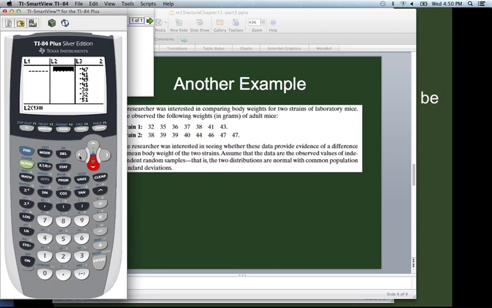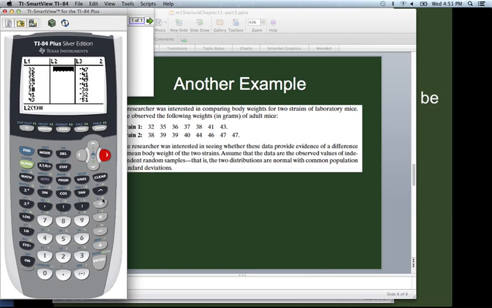So I'm clearing out the data that was in there in the last example. So we have 32, 35, 36, 37, 38, 41, and 43.